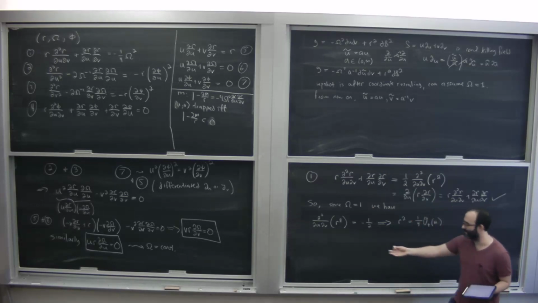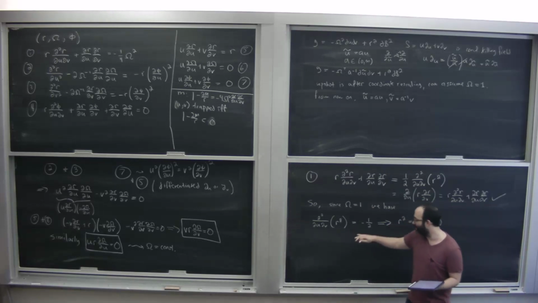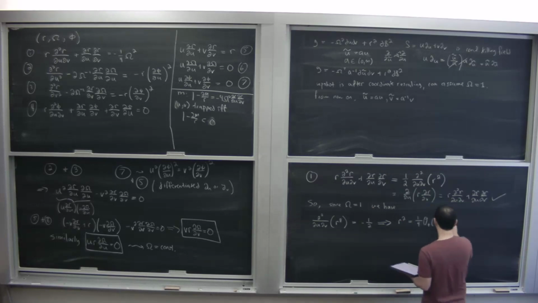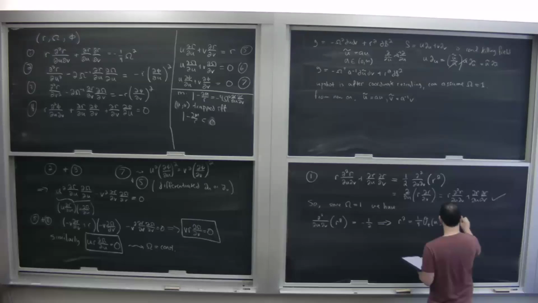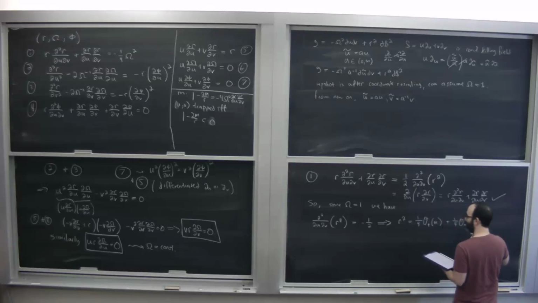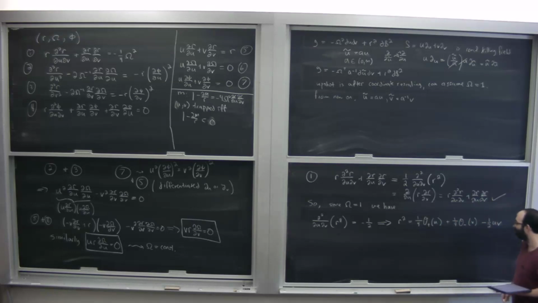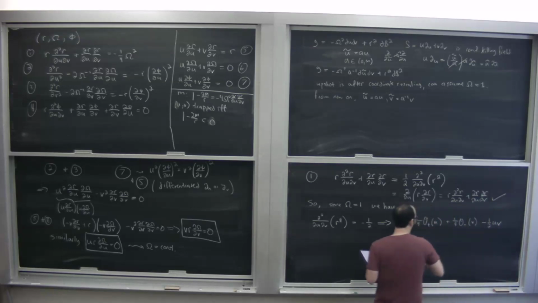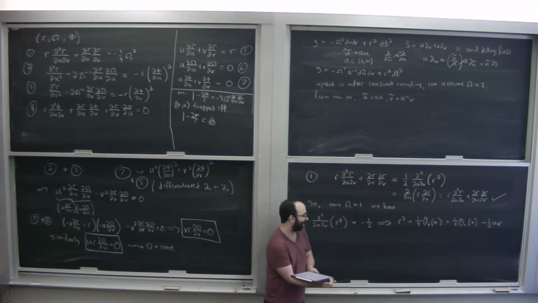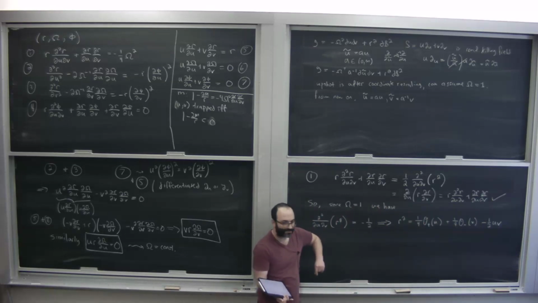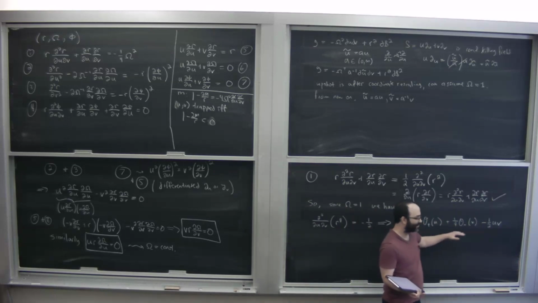In general the solution is a function of u plus a function of v. We have this inhomogeneity, so we also have to include a term for that, and because of the 1/2, we get minus 1/2 u v. If we didn't have any scaling constraints, that would be the general solution, where these are some function of u and some function of v.